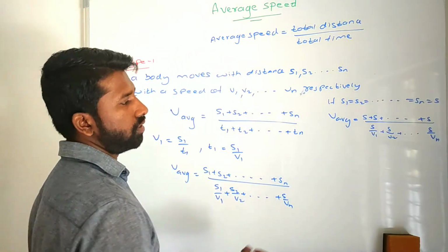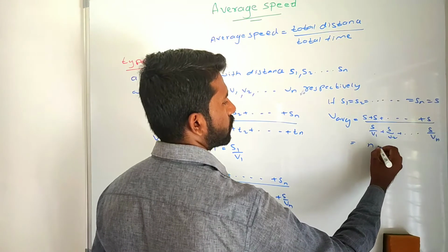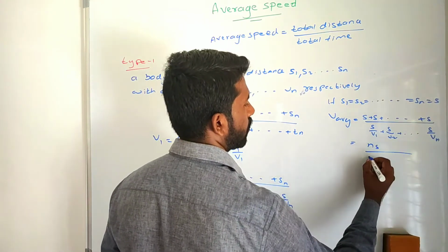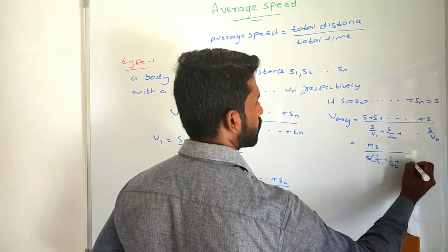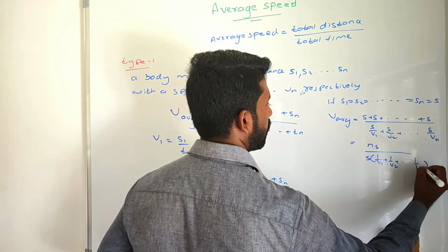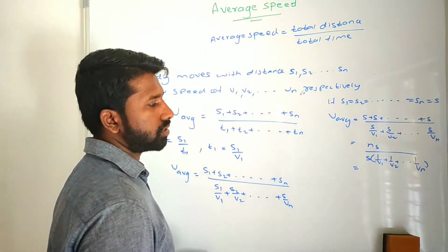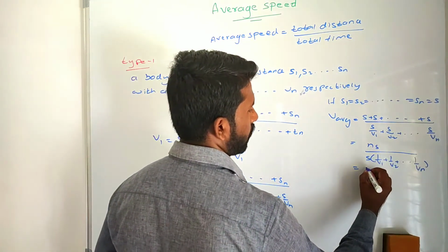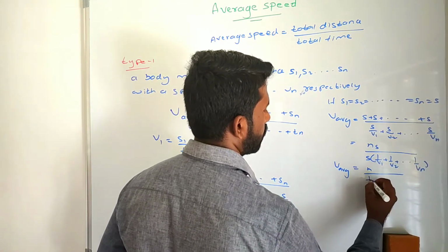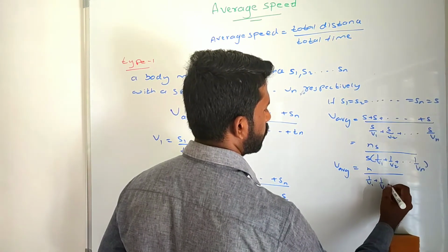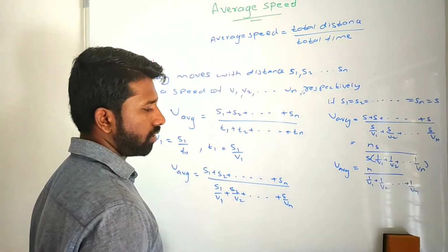Take S outside: 1 by V1 plus 1 by V2 plus up to 1 by Vn. S and S cancel. Then V average is equal to n divided by 1 by V1 plus 1 by V2 plus up to 1 by Vn.